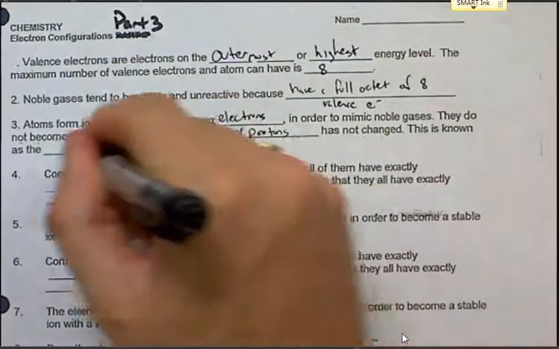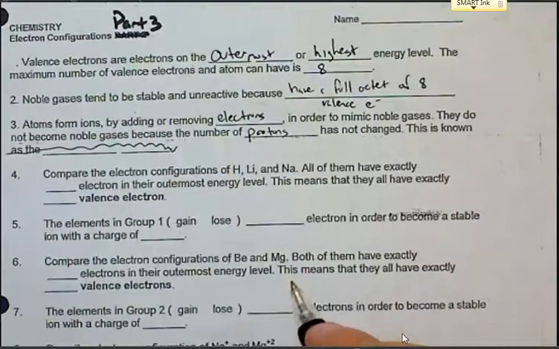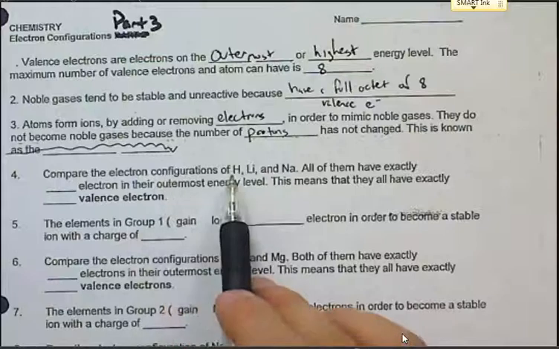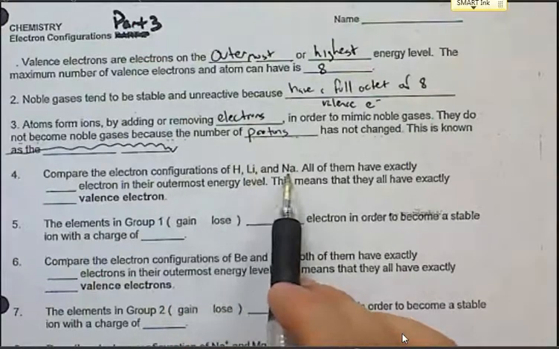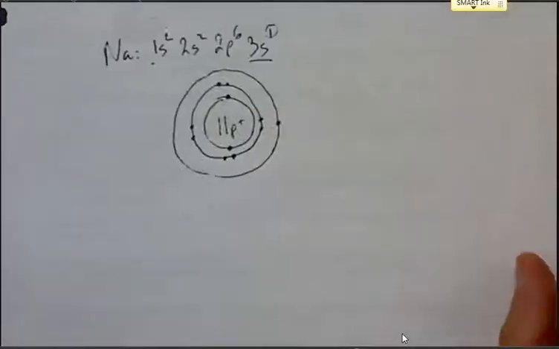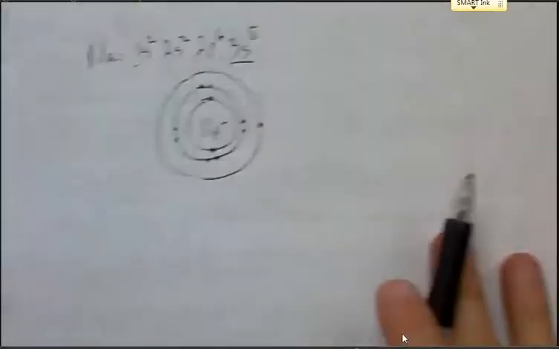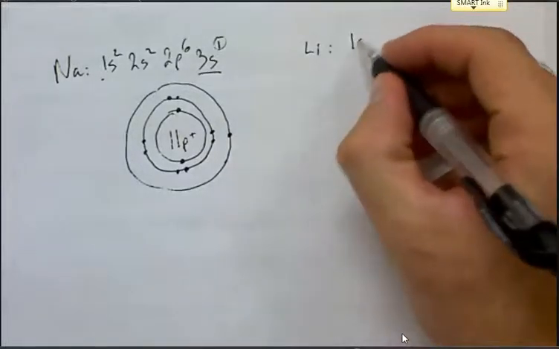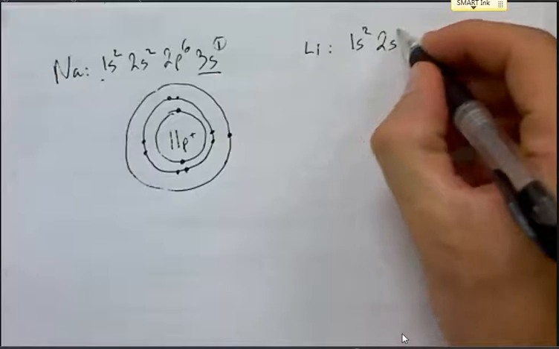And all that. So, what are we going to do? We're going to compare the electron configurations of hydrogen, lithium, and sodium. Let's bring back our picture here. So we've already got sodium. Let's take a look at lithium, which is 1s2, 2s1.